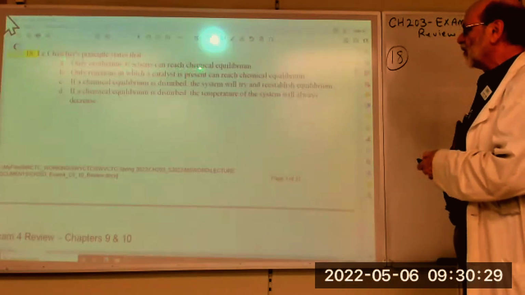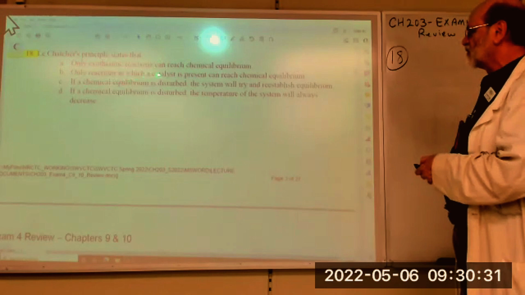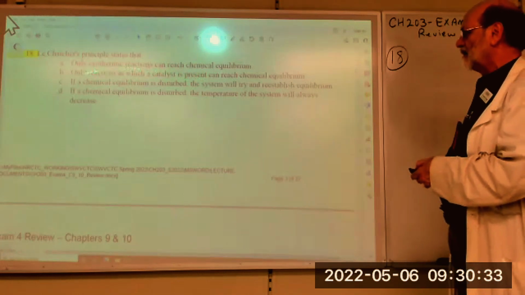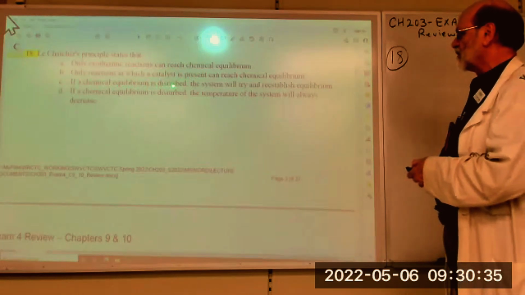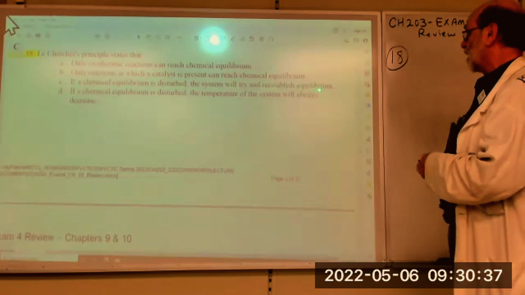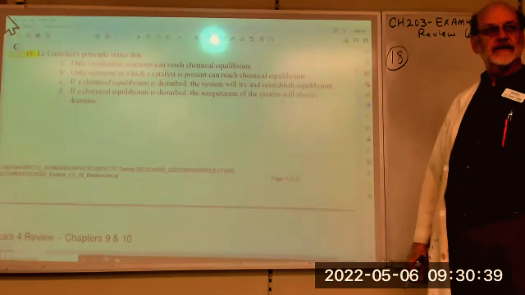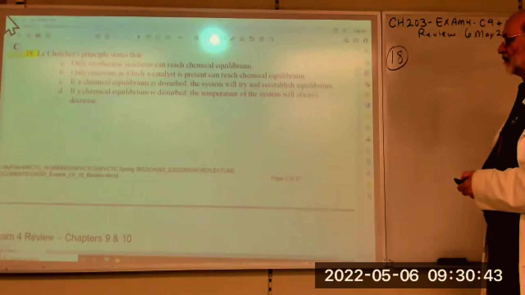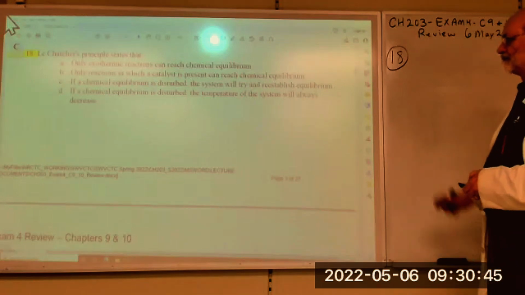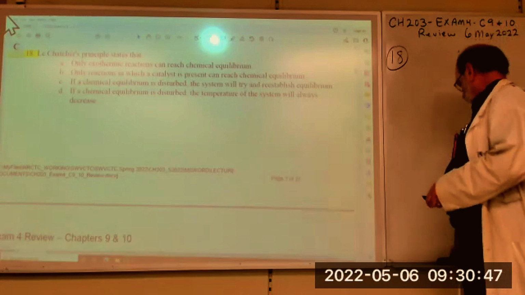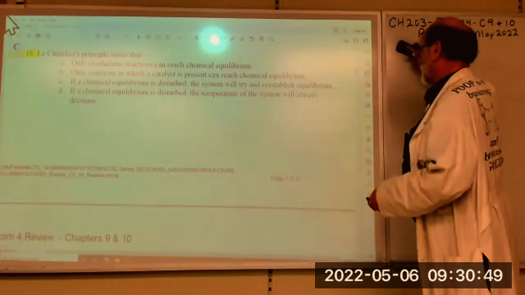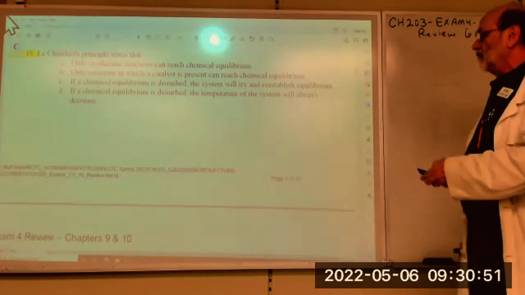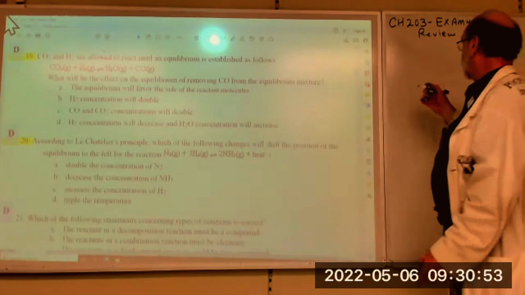Let's see, only exothermics? No. Only reactions with a catalyst? No. Chemical equilibrium is disturbed, the system will try and reestablish equilibrium. That's it right there. We don't even have to look at the last one. So, got 18. Moving on, 19 and 20.